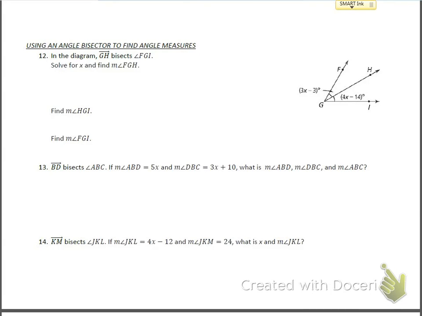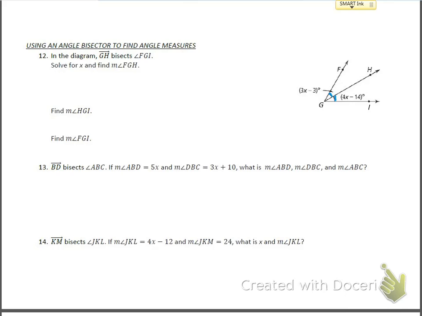So, in our diagram, it says that ray GH bisects angle FGI, and they actually already indicated that for us by putting the little arcs. So, we know that those two angles are congruent. So I want to solve for the measure of angle FGH and X, and then we will find the measure of HGI and FGI as well.